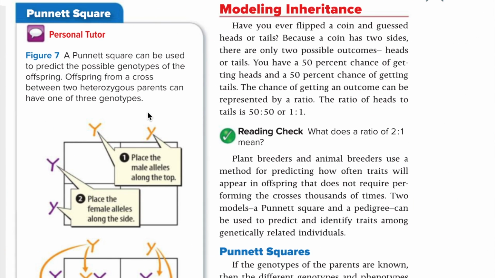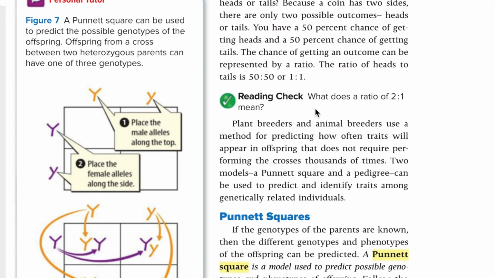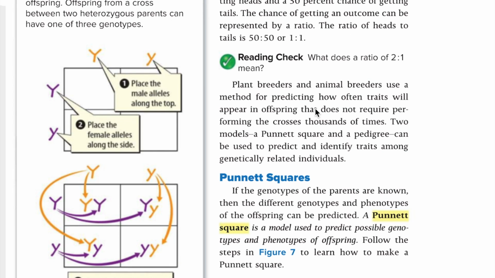When we keep modeling the inheritance, we use Punnett squares. Punnett squares are just a way of us using genotypes to figure out what could be a possible phenotype from a cross. A cross being two parents and finding out what their possible offspring could be.